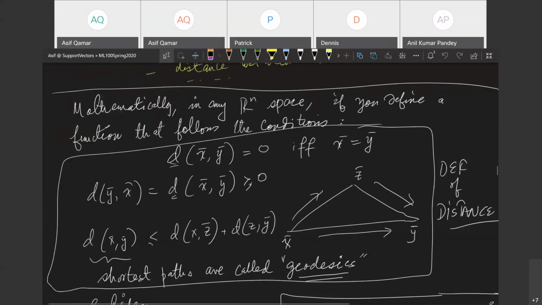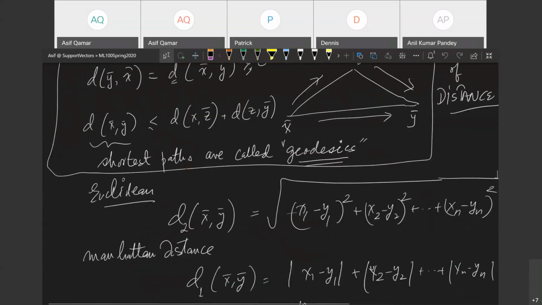In the literature, people use the word geodesic for the shortest distance. Now, geodesics are not necessarily straight distances. For example, on the surface of the Earth, when you go from here to India, you don't just burrow into the Earth and come out on the other side. You instead follow the great arc.